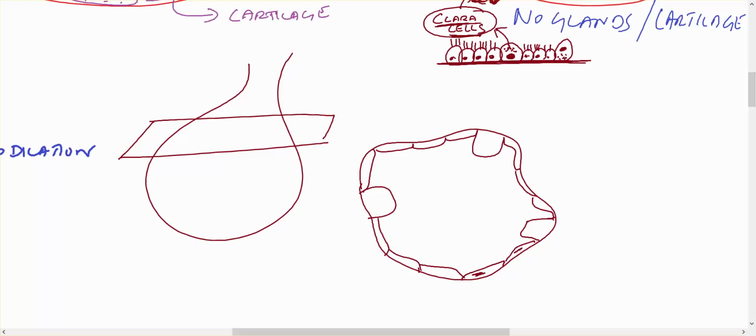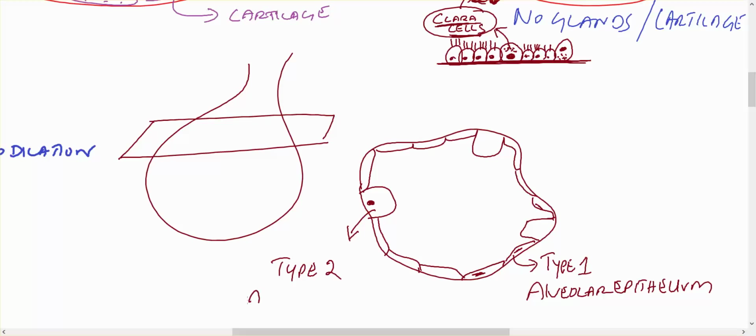Okay, the flat epithelium is called type 1 alveolar epithelium. The cuboidal epithelium is called type 2 alveolar epithelium.